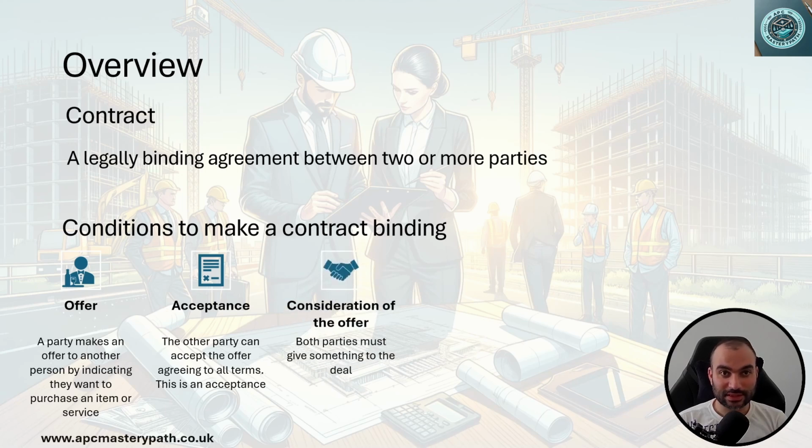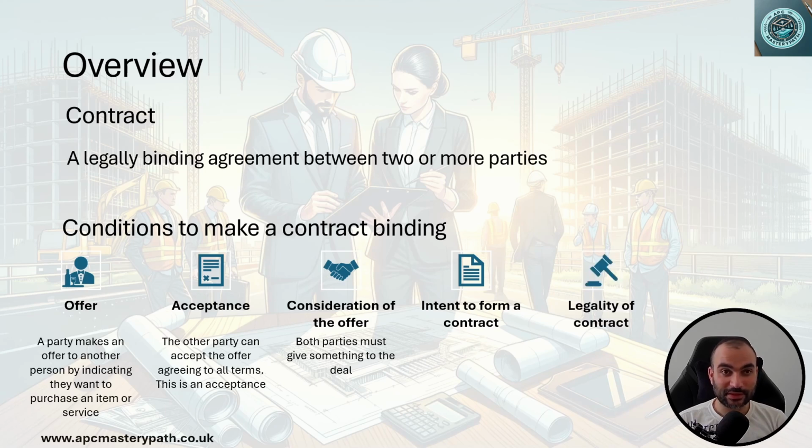The third aspect is consideration. The contractual parties must provide something of value. This could be money, goods, or services, and all of these will form part of the deal. The fourth aspect is that there must be a genuine intent to form a contract. The contractual parties need to understand the intent itself to enter the contract and be willing to enter into an agreement.